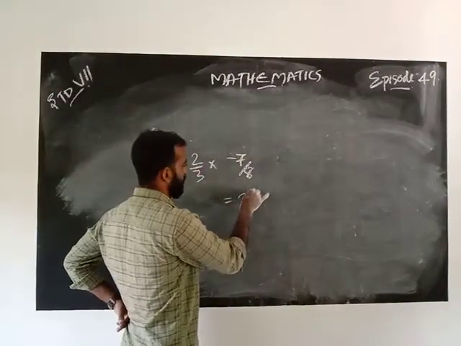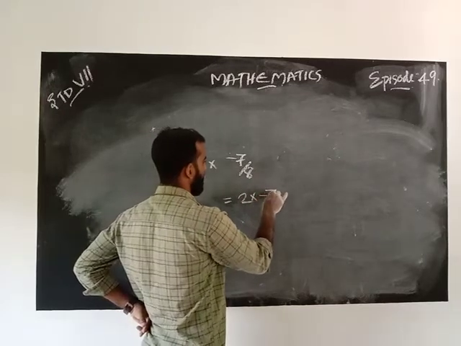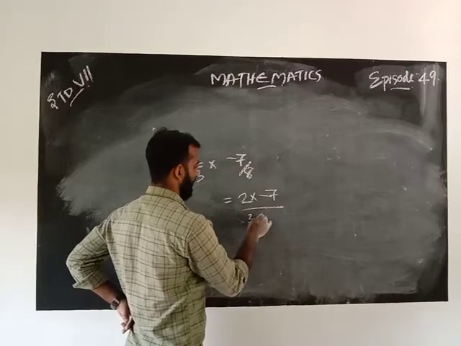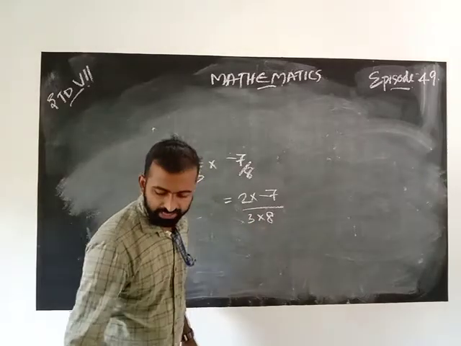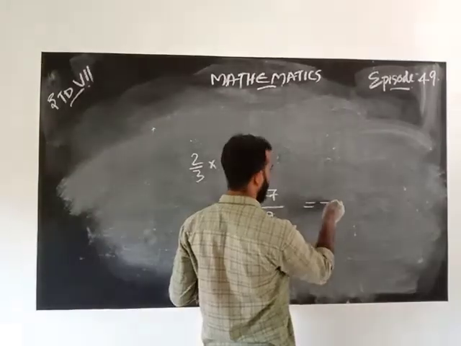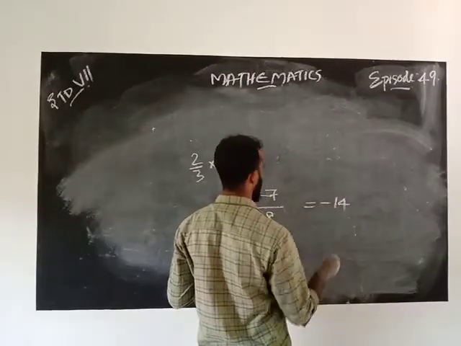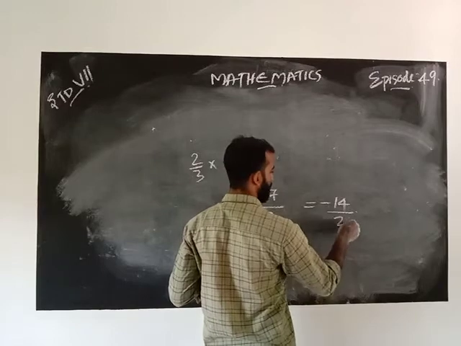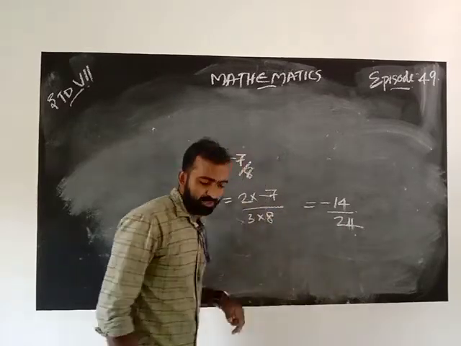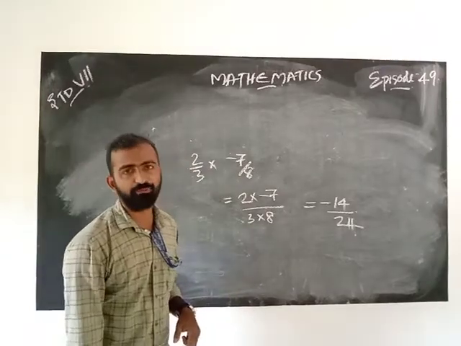That is 2 into negative 7 divided by 3 into 8. We get the answer as negative 14 by 24.